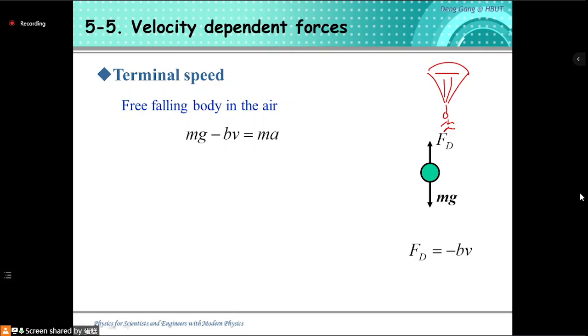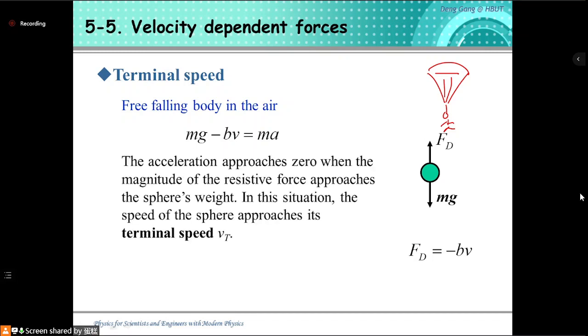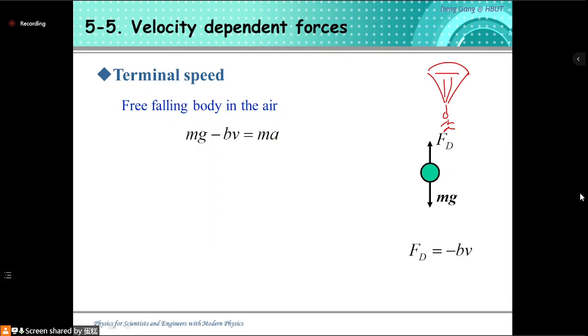According to this equation, originally, if the speed v is small, then mg minus Bv should be positive, right?